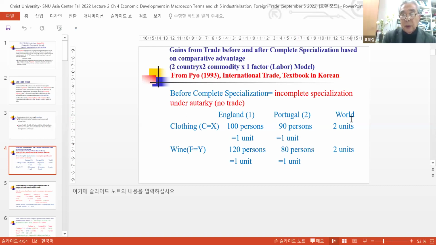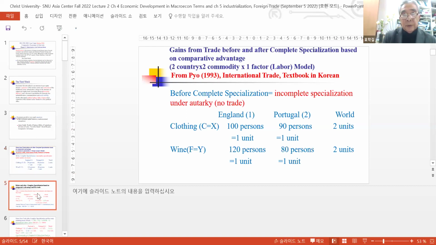World welfare remains at 2 units of clothing, 2 units of wine. That's it. This is incomplete specialization, which means England produces both goods, Portugal produces both goods.